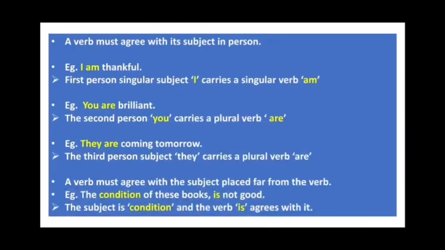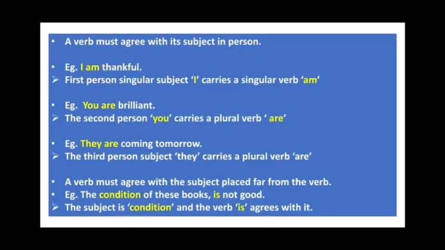A verb must agree with its subject in person. So now we have the first person, the second person and the third person. Let's see the first example. I am thankful. So here first person, that is a singular subject, that is I. So I is the first person, carries a singular verb, that is am.